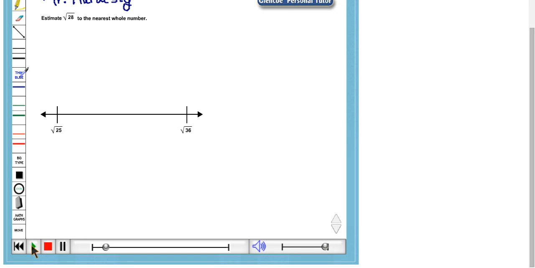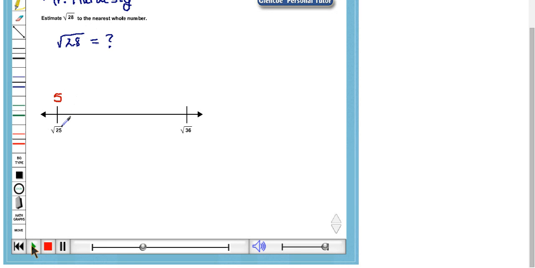This is Mr. Hardesty. Let's estimate square roots. Estimate the square root of 28 to the nearest whole number. The square root of 28 is equal to a number that is not a whole number. We're not sure what that number is. So let's find the nearest whole number. The square root of 25, which we see here on the number line, we know the square root of 25 is 5.